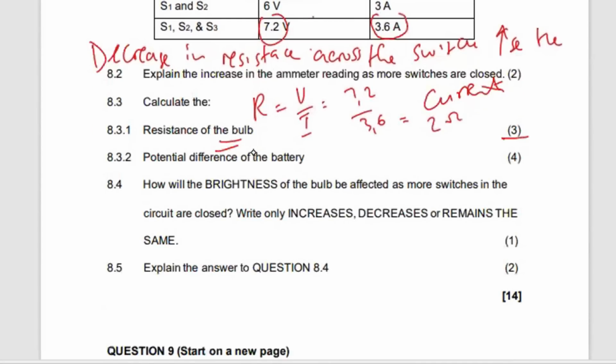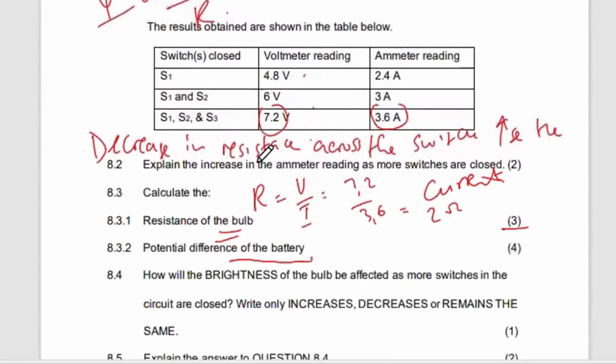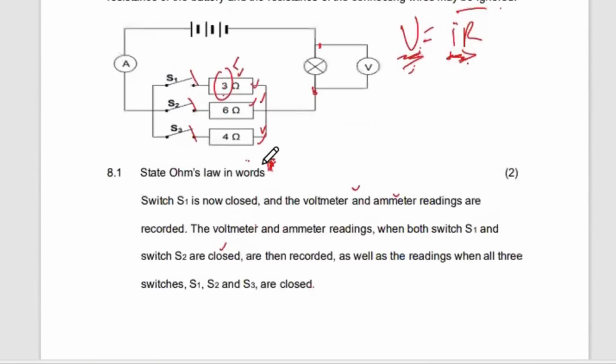Then they want us to get the potential difference of the battery. So remember we're saying the bulb is having 2 ohms. We know that the potential difference is current multiplied by the resistance.